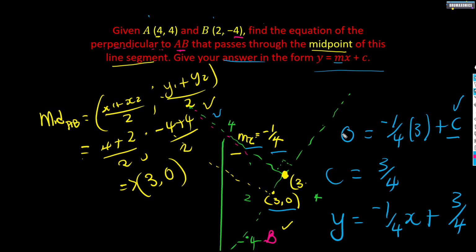And remember that if the lines are parallel to each other, then the slopes M1 and M2 will definitely be equal to each other.